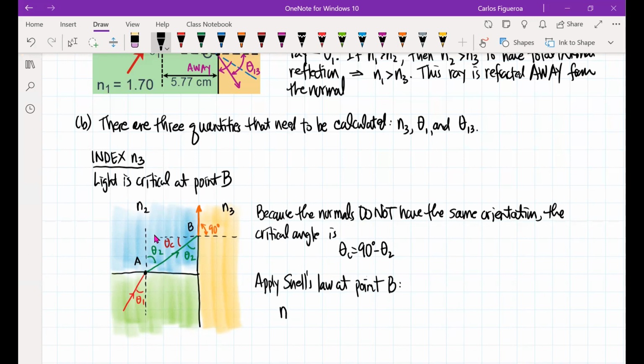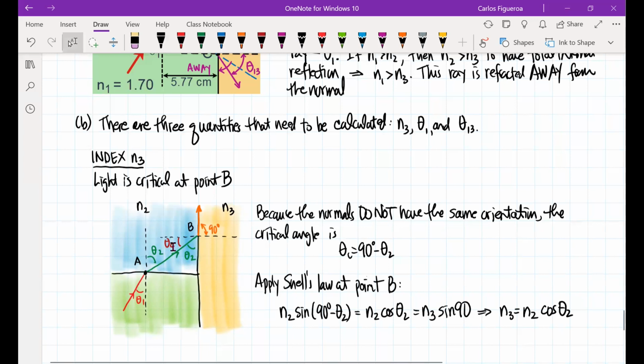We see that it's going to be N2 sine, and this is going to be 90 minus theta 2, but this is the same as N2 cosine of theta 2, which will then be N3 sine of 90. So this tells us here is that N3 is now N2 cosine of theta 2. So if we solve for theta 2, we then know what the index of refraction for medium 3.